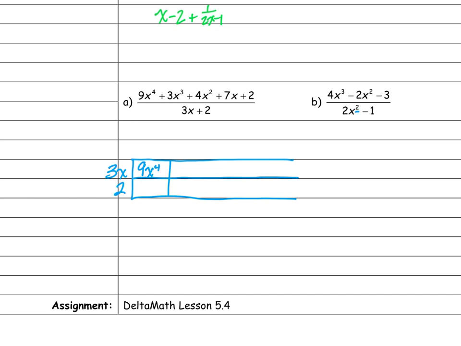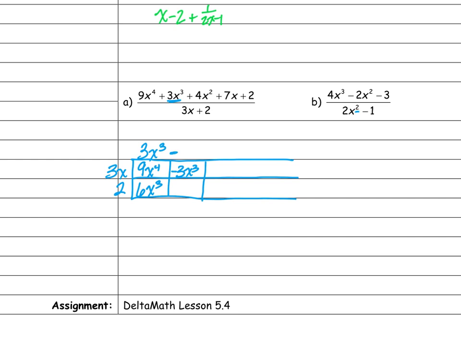So what do I multiply 3x by to get 9x to the 4th? 3x cubed. And 3x cubed times 2 is 6x cubed. What do I add to 6x cubed to get 3x cubed? Negative 3x cubed. Okay, so what do I multiply 3x by to get negative 3x cubed?